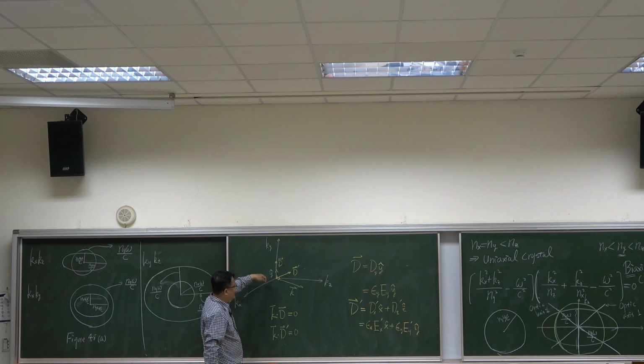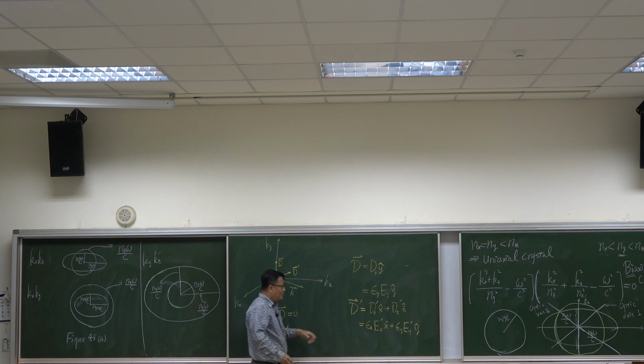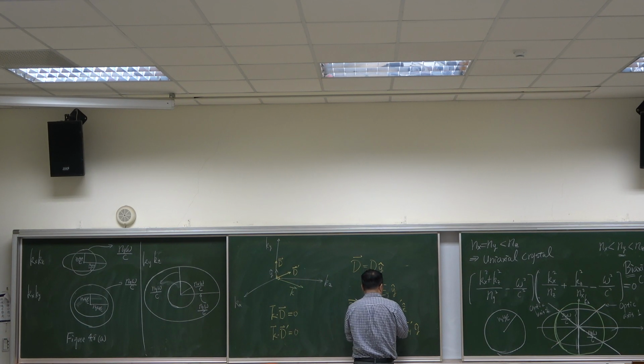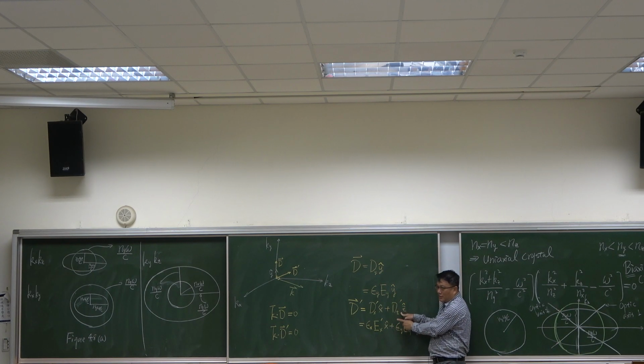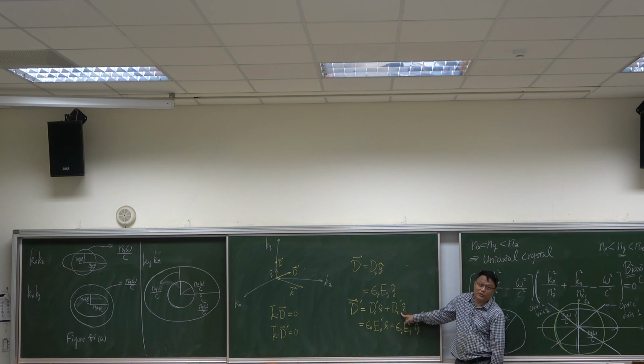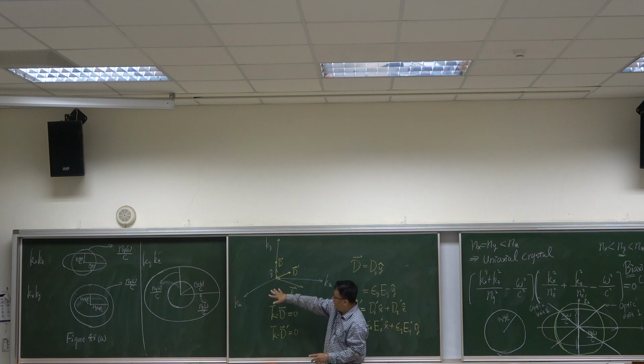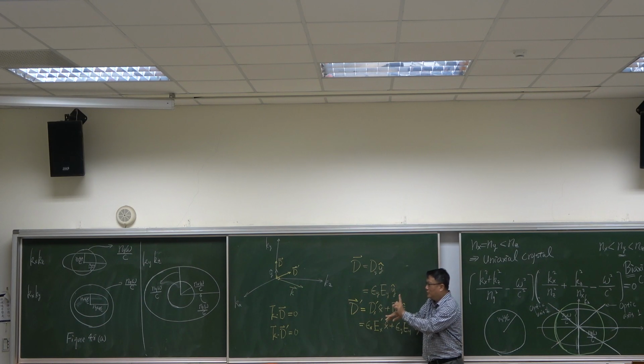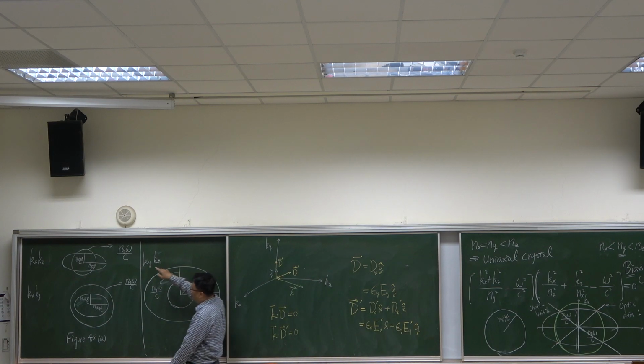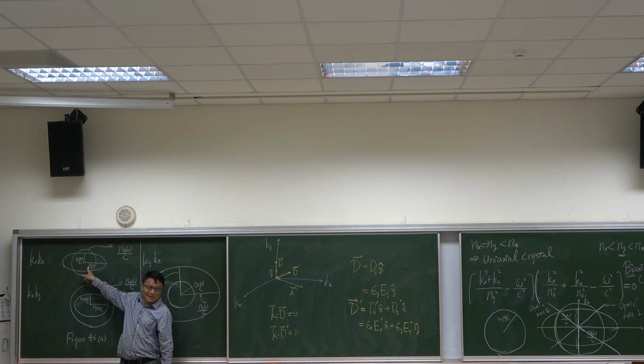When k is along the x direction, this means that D prime has only a z component. When k is along x, D in this KxKz plane has only a z component. And this z component gives us nz.